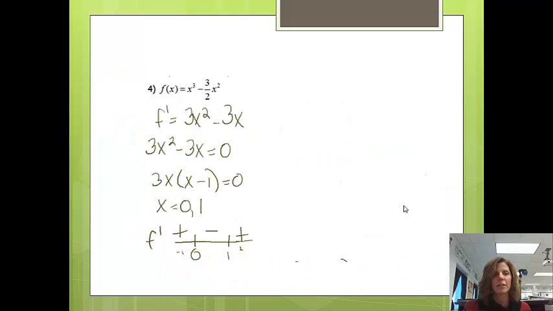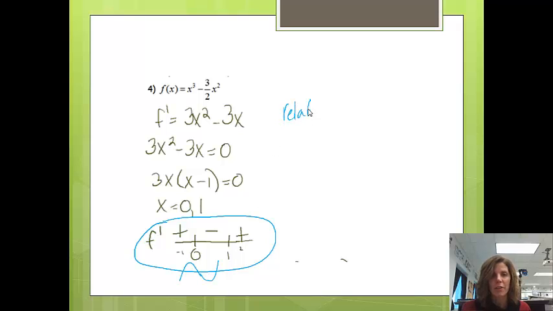Alrighty, now let's look at those next couple examples that we kind of already did. Okay, example number 4, it asks us to now find the relative extrema. We've already found our chart from the previous example. So if you think about it, since my derivative goes from positive to a negative, that means my function's going up and then going back down, and then here it's going down and then it goes back up. So I can now say that there is a relative max at x equals 0, and why is it a relative max?